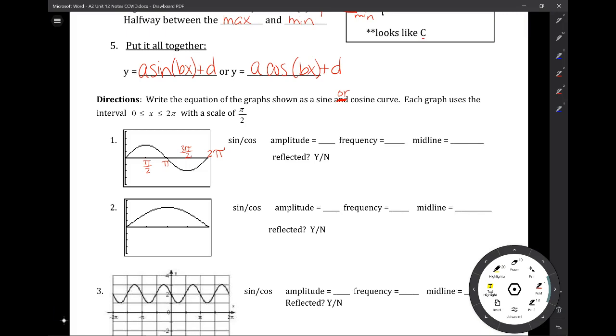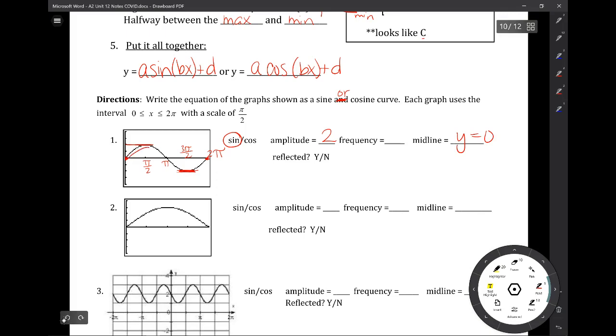So, looking at this curve, it starts on the midline and ends on the midline, so I'm going to say that that is a sine curve. It appears that the amplitude hits a value of 2. It appears that it also goes down to a negative 2, so that means our midline must be at 0.